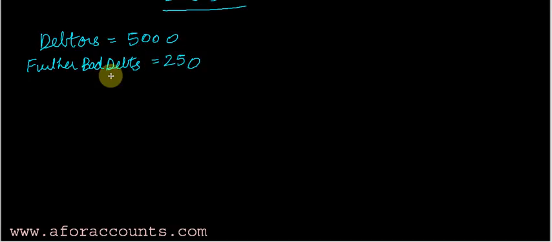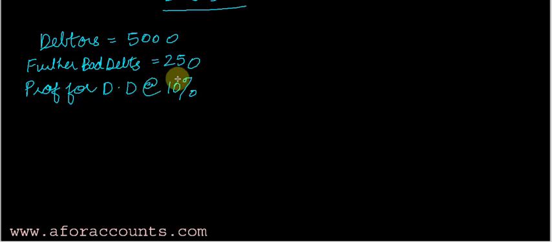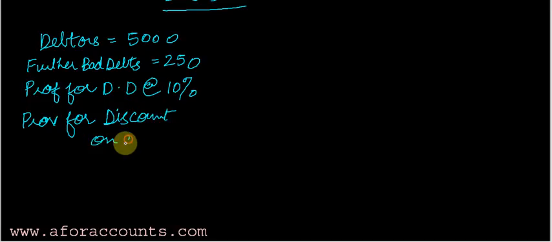The question says make provision for doubtful debts at the rate of 10%, and make provision for discount on debtors at the rate of 4%. Let's say this is our question. So how will you put it in your balance sheet? If you understand this, it is very easy, but if you don't, then there is a problem.